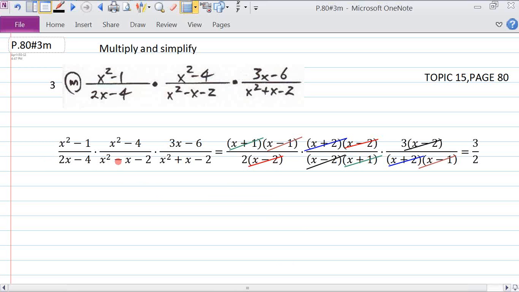Now this one here and this one here, the only difference is the sign here. So here we can see that in order to get this, we've got to have an x and an x. And we have to have a minus 2, so one of these terms has to be minus 2 and the other plus 1.